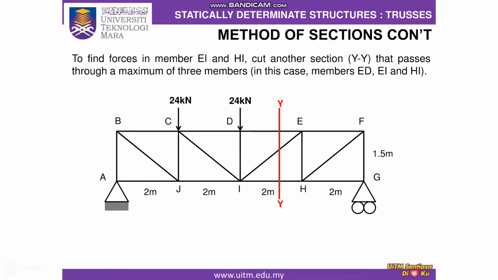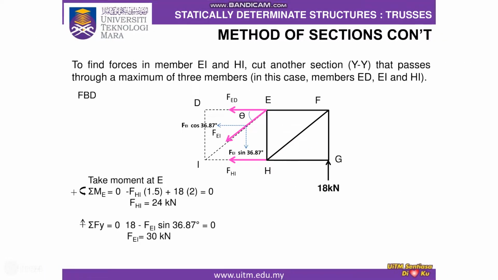To find the forces in members EI and HI, we have to cut into the YY section. At the YY cutting section, we get FED, FEI, and FHI.